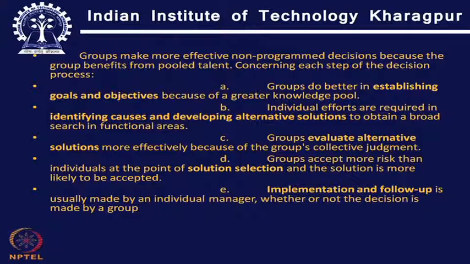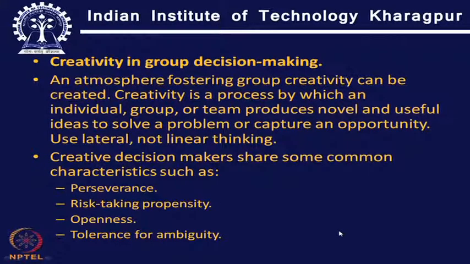The solution is more likely to be accepted, and implementation and follow-up are usually made by individual managers, whether or not the decision is made by a group. So, what we find in this discussion is some mix of group effort and individual effort in the process of decision making.